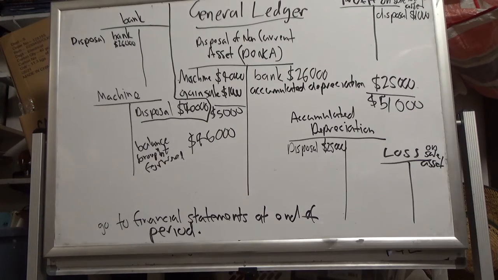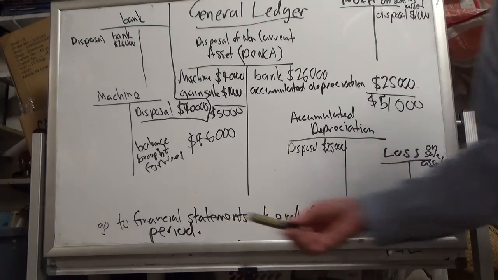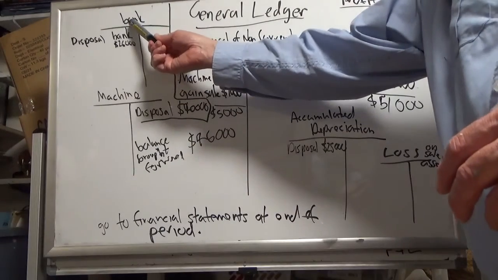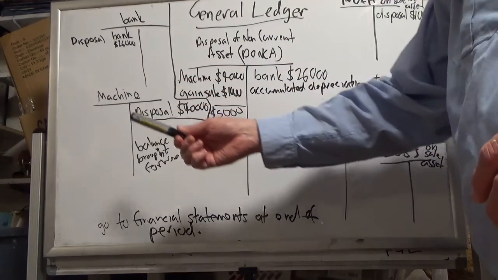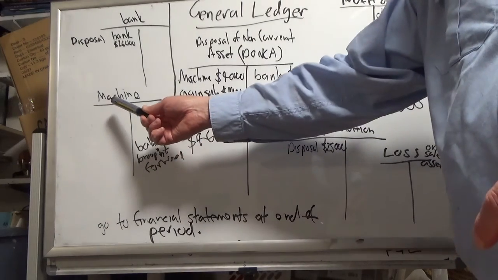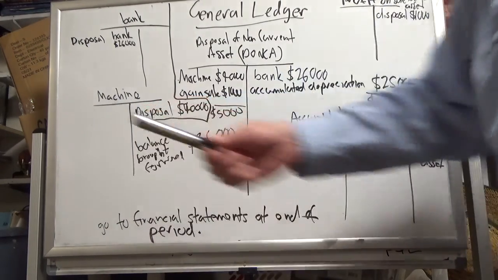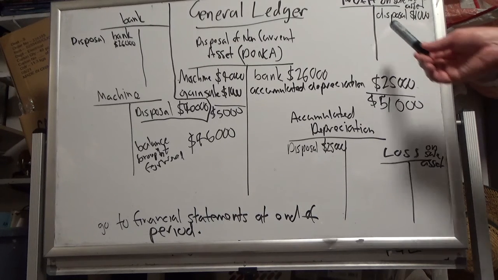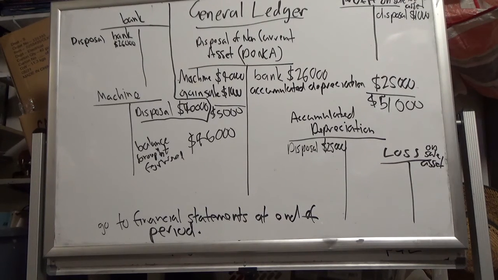Now, where do some of these items go in the financial statements? Well, bank is in the current assets in the balance sheet. Machinery is non-current assets in the balance sheet. Profit on the sale of the asset is non-operating income in the P&L.